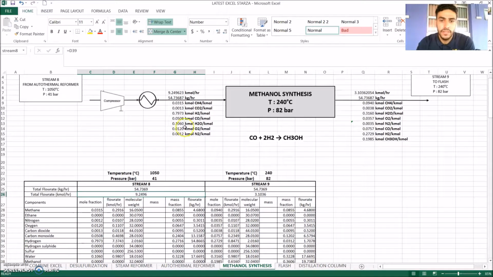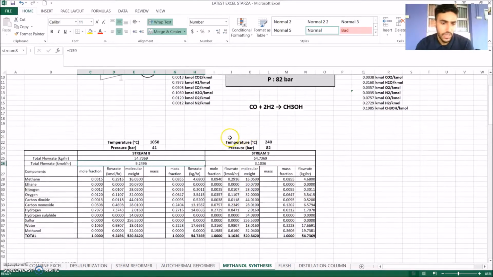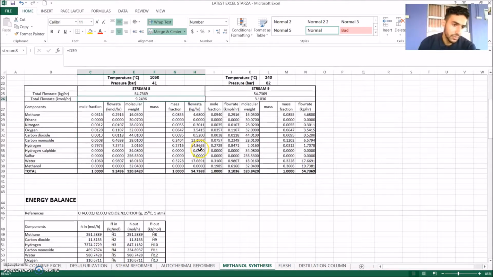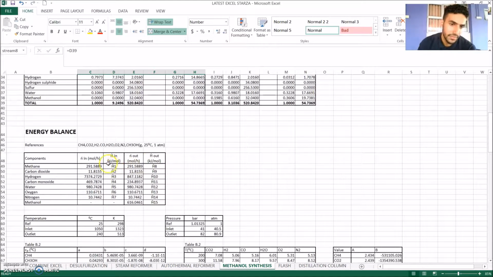So methanol synthesis is a reactive process, so we need to do the energy balance for each component, and do the calculation for the energy into the output. As you can see here we use the reference as 25 degrees Celsius and 1 atm, because it's a reactive process.